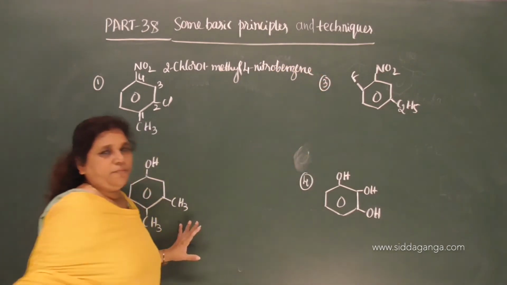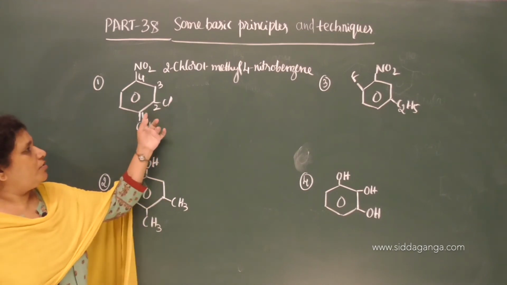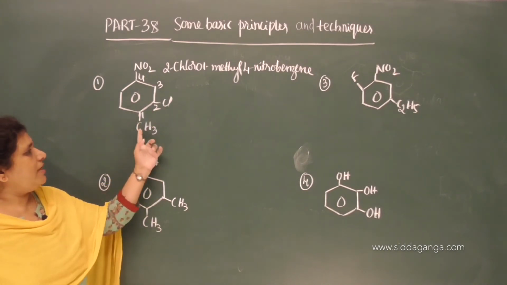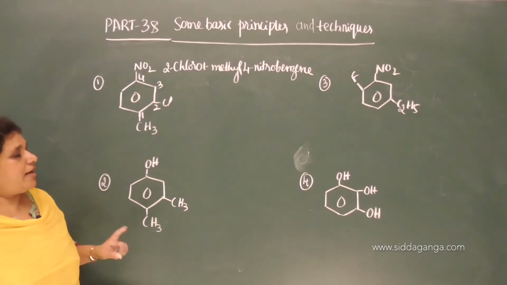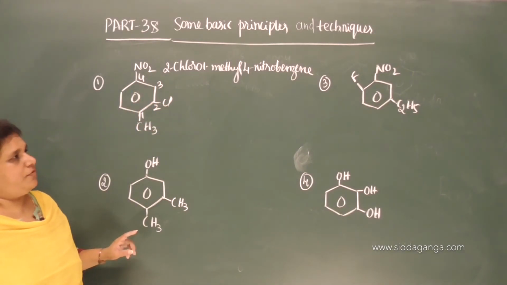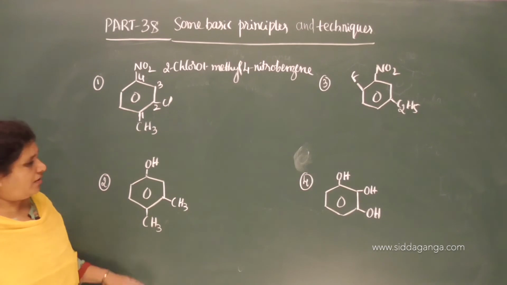What is the name? 2-chloro, 1-methyl, 4-nitro benzene. Tri-substituted benzene. Okay.